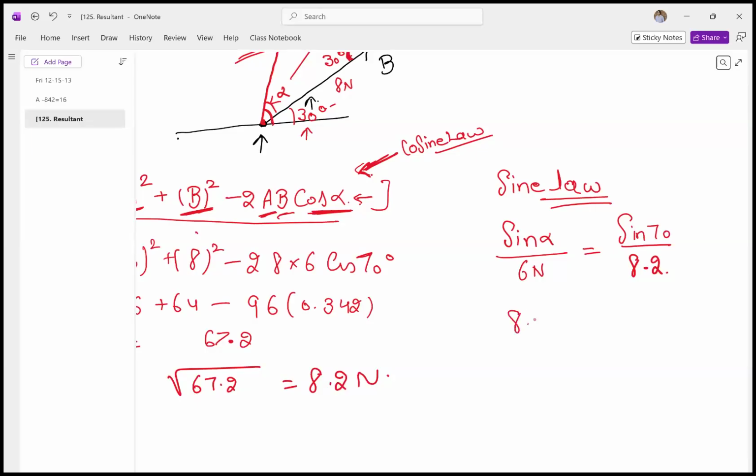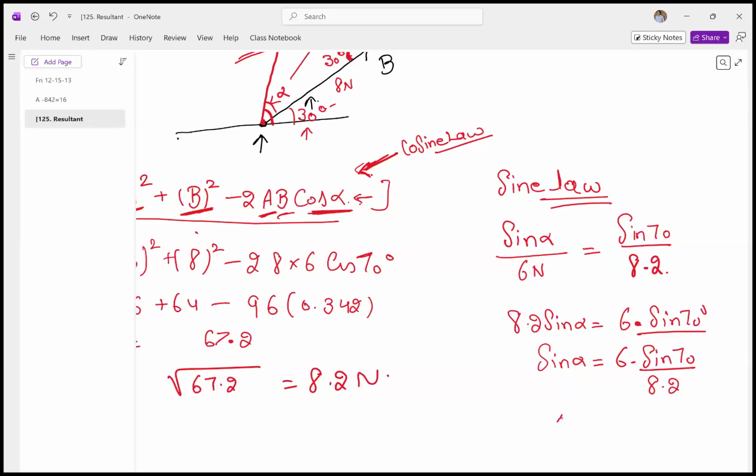Now I can do the cross multiplication and solve for the angle. So 8.2 times sine of alpha is equal to 6 times sine of 70 degrees, and then sine alpha equals, well, actually not 6.7, it's 6 times sine 70 divided by 8.2.